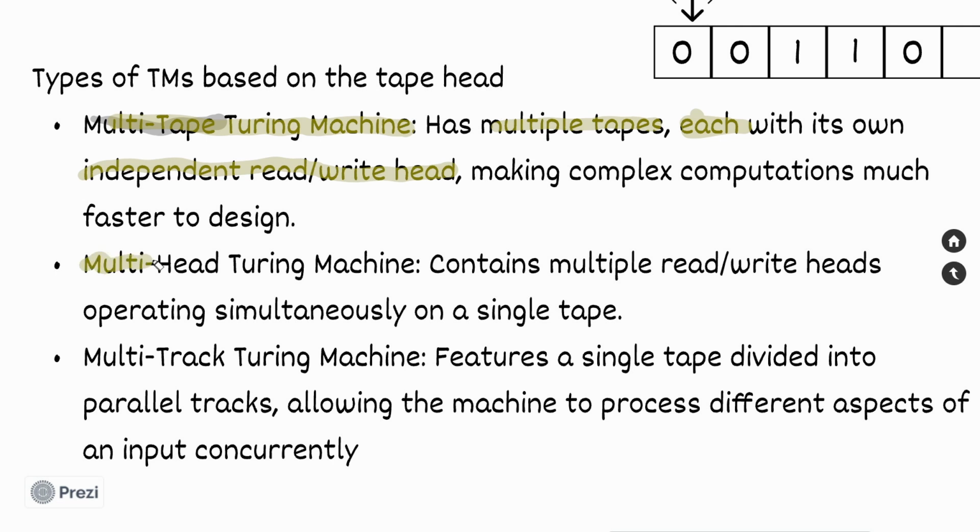There is also a multi-head Turing machine, which has multiple read and write heads on a single tape. There is also a multi-track Turing machine, which has multiple tracks of cells arranged parallel to each other on a single tape.